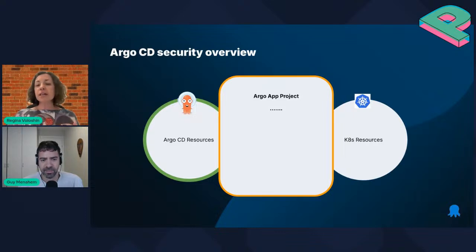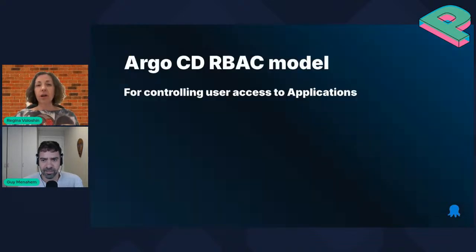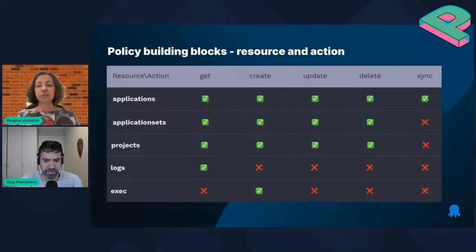So let's go into details about the left side, which is the ArgoCD resources, restriction of access. And in order to understand this part, we need to understand how the ArgoCD RBAC model works. So let's examine the policy building blocks.